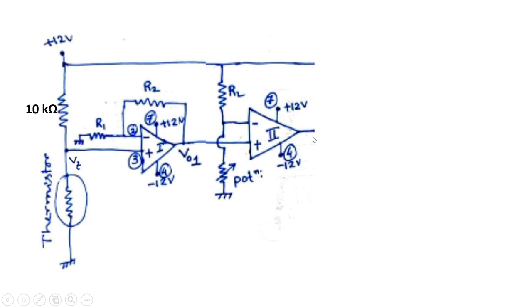Now automatically the question arises, which value of RL and what is the function of the pot? That is, we shall change this pot in such a way that we can decide whether it will be greater than VO1 or less than VO1.